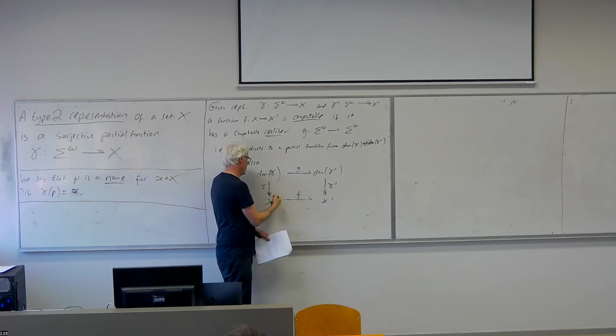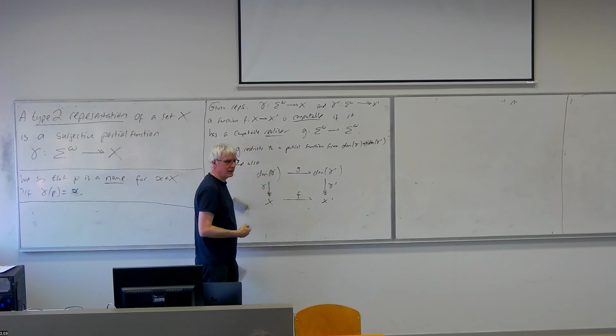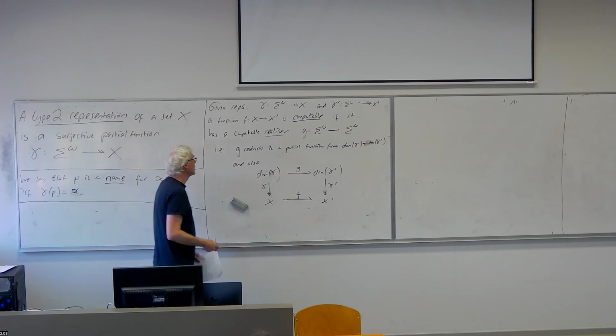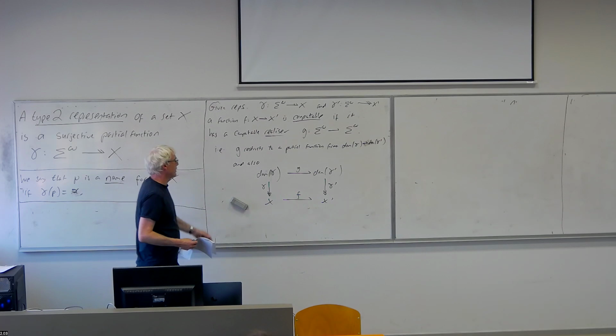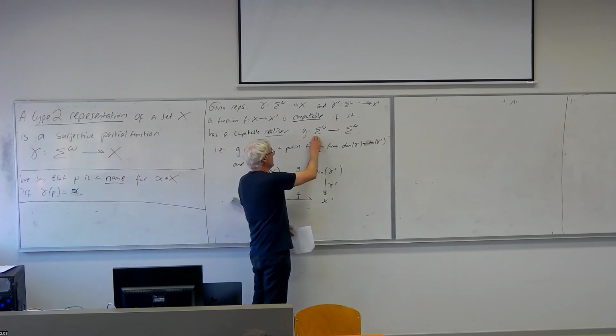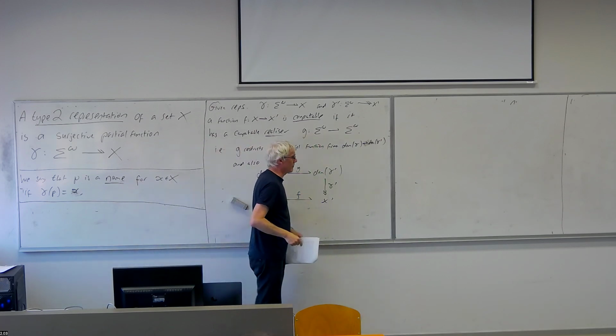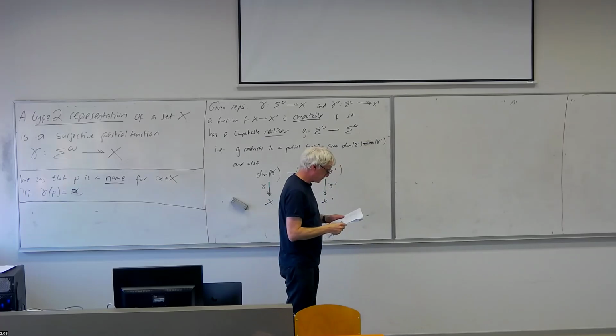So if we're given the name for an element little x in X, and we apply G to it, we get back a name for f of x. And these are exactly the conditions we had in lecture 3, the only difference is that we've replaced the set of finite words with the set of omega words.